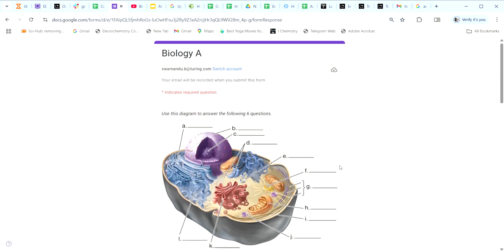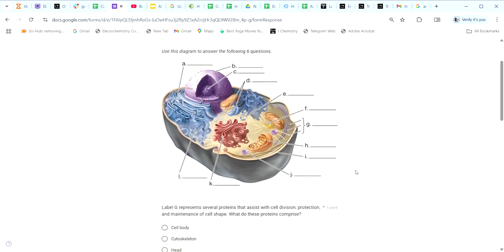Okay, let's go. There are several marked letters here. So the first question is about level G. Level G, yes, that is level G.